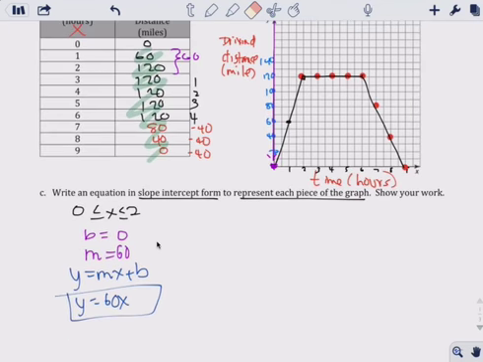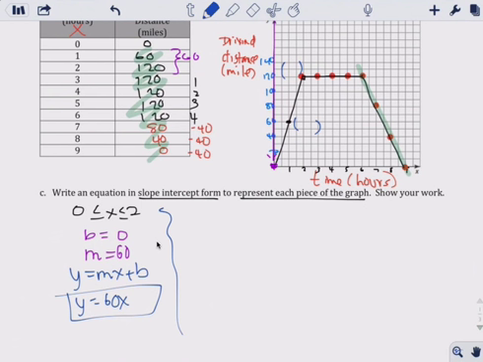Now, you can use point slope to do this. That means you can choose 2 points and do point slope and get the same answer. That takes too long for me. So we'll do point slope on this line right here. I'm going to highlight in green. This one needs point slope because it doesn't have a y-intercept, okay?